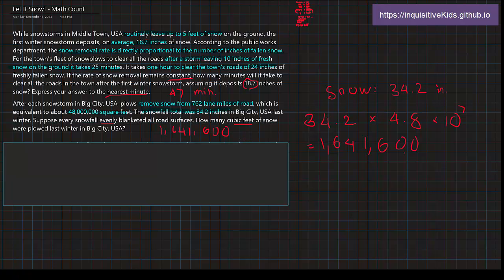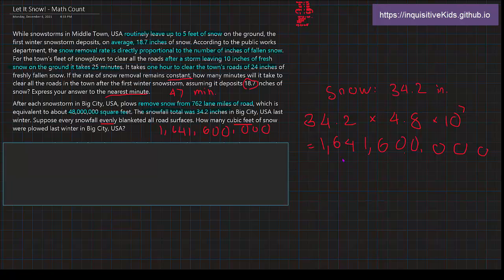Okay, so we know that, we should add these zeros over here. Okay, so we know that there were this many cubic feet of snow plowed last winter in Big City, USA.